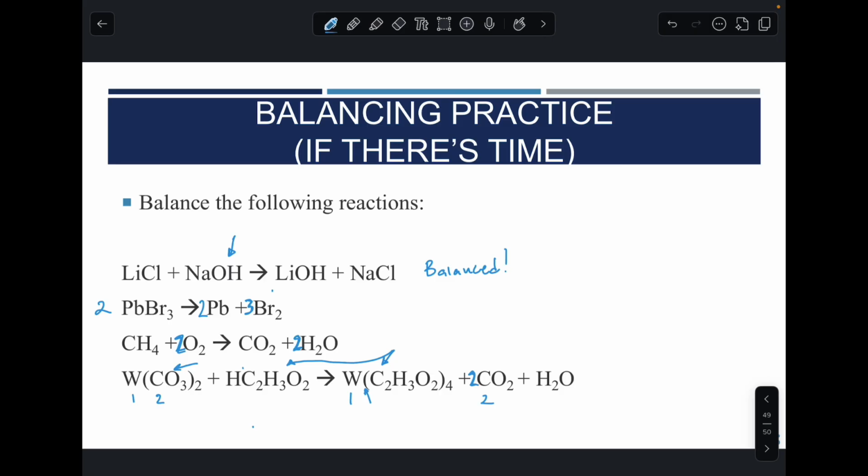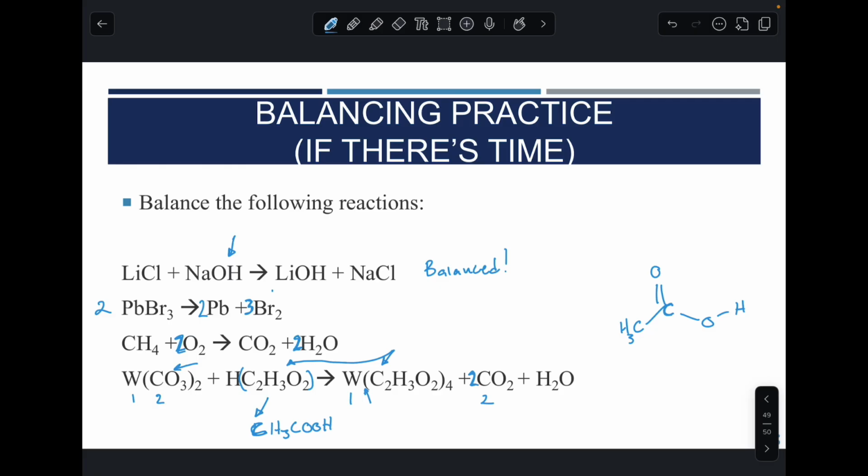So we know that we can treat this acetate as a polyatomic ion. Also, just as a side note, sometimes it's written like this: CH3COOH. This is the same thing. It's called an acetate ion. I'll draw it over here. You have a CH3, you have a carbon in the middle, and you have an oxygen, and that oxygen is bound to a hydrogen. And so you don't need to know how to draw that.